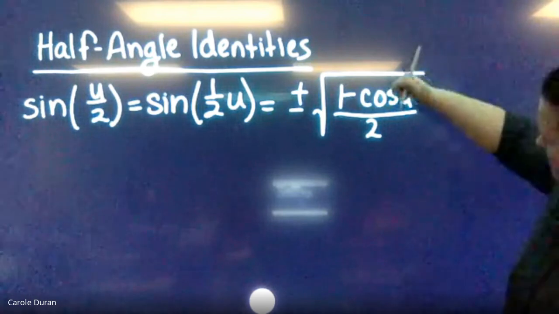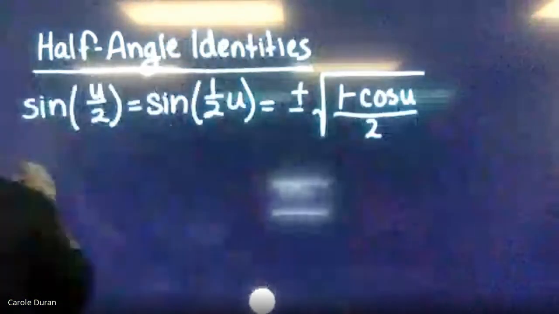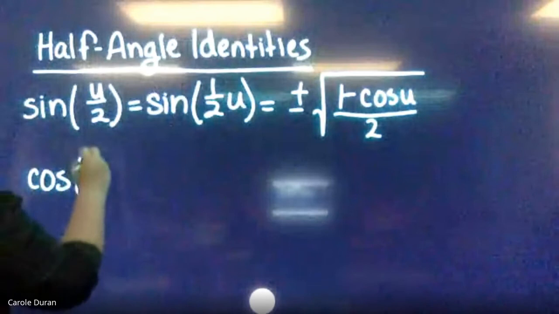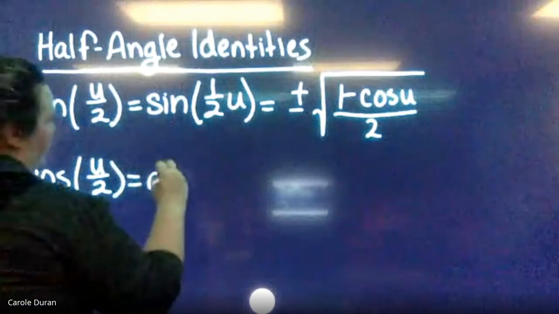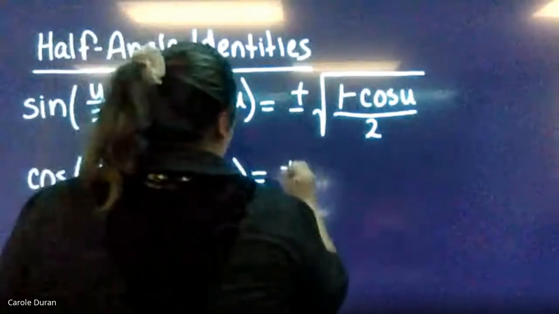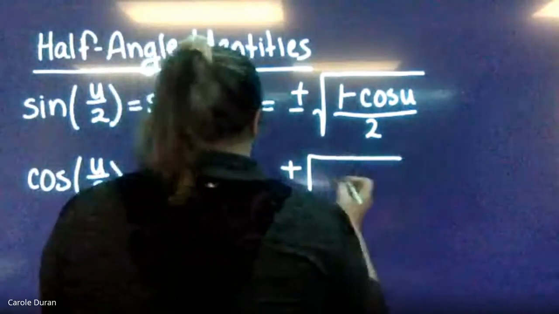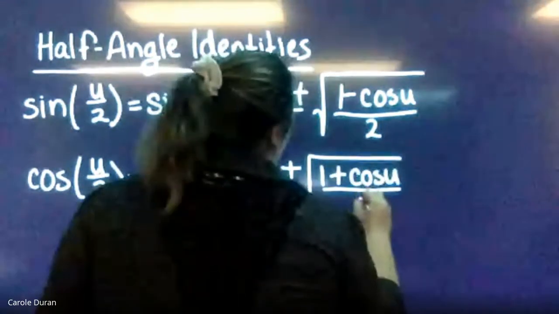Yeah, that's a u. We also have a cosine half angle identity. It is also equal to positive negative square root of 1 plus cosine of u over 2.